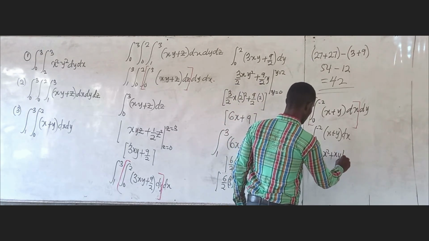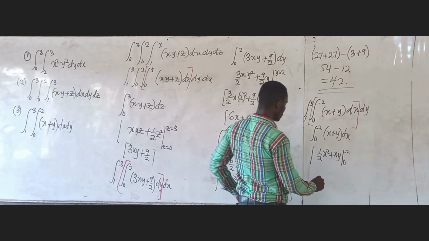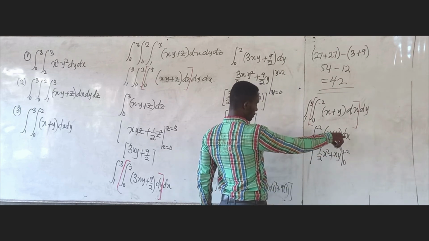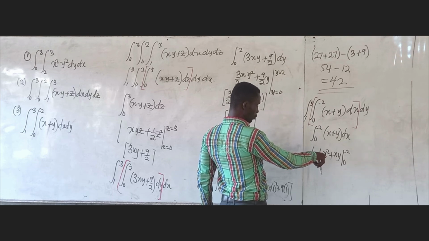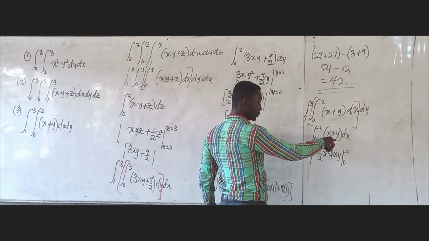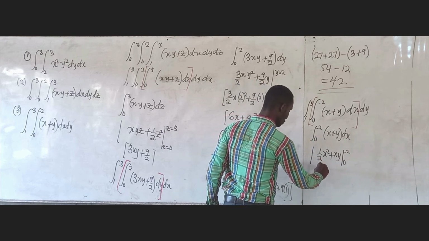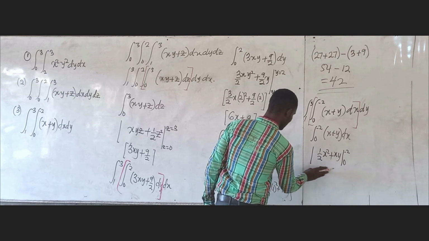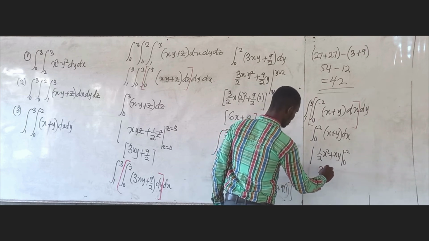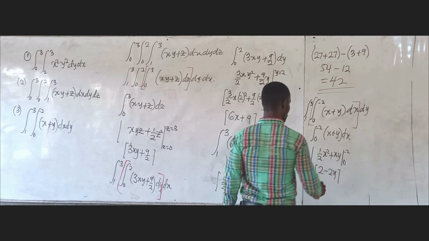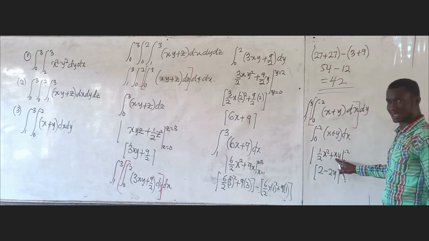So here 0 to -2. So -2 squared will give 4, and the 2 will cancel there. Plus minus 2y, because x is 2.